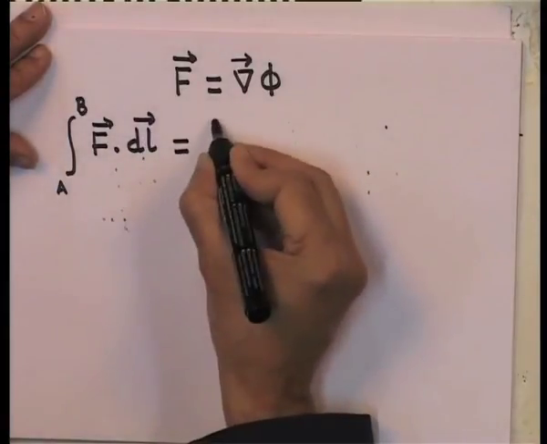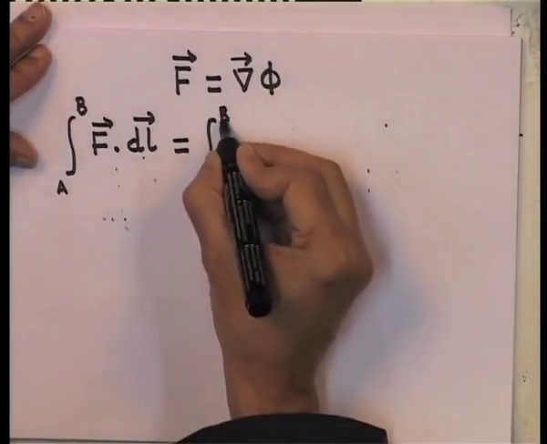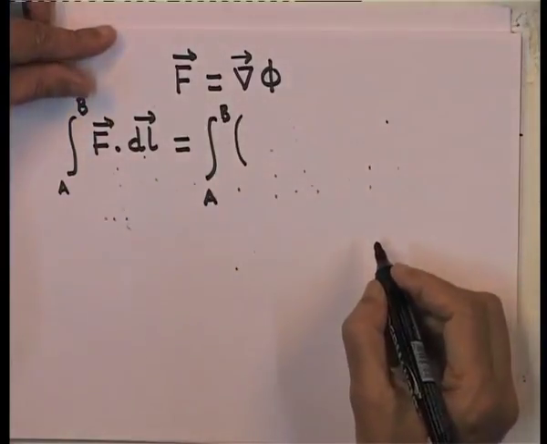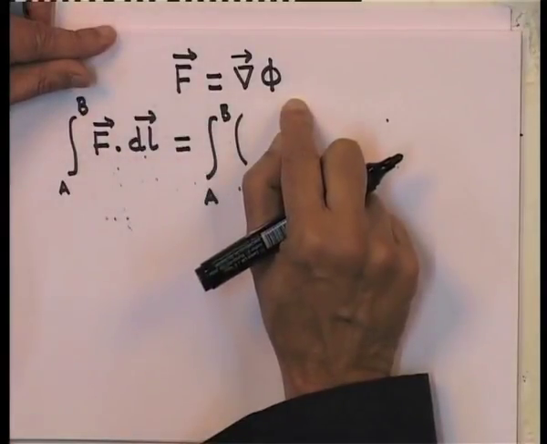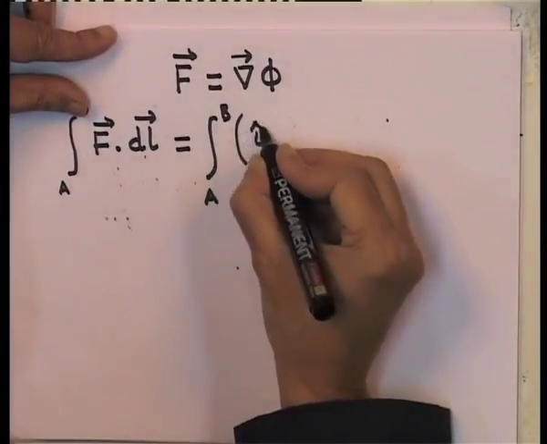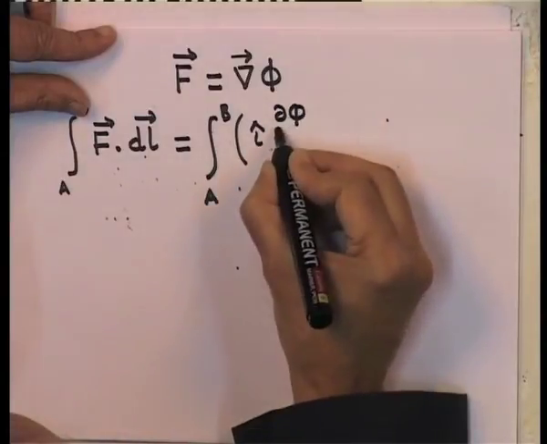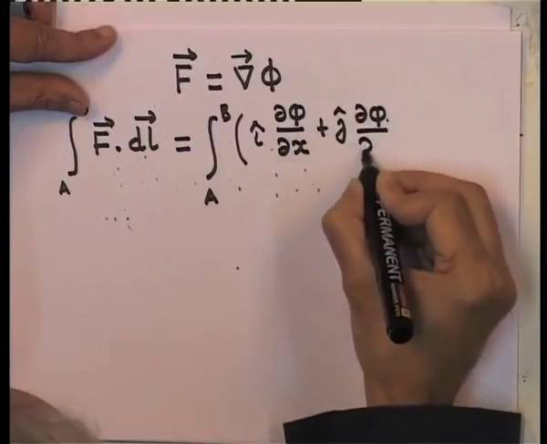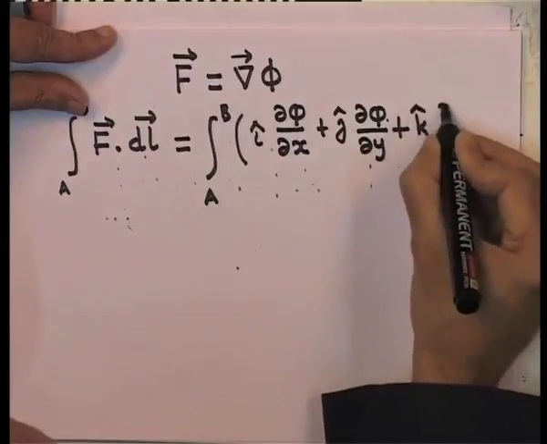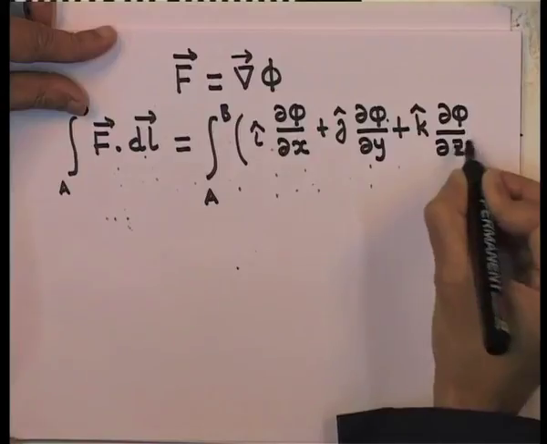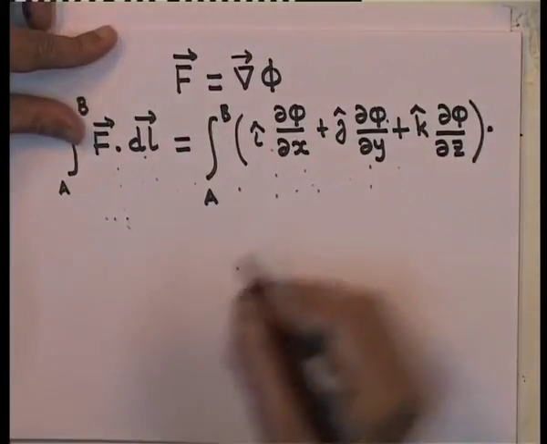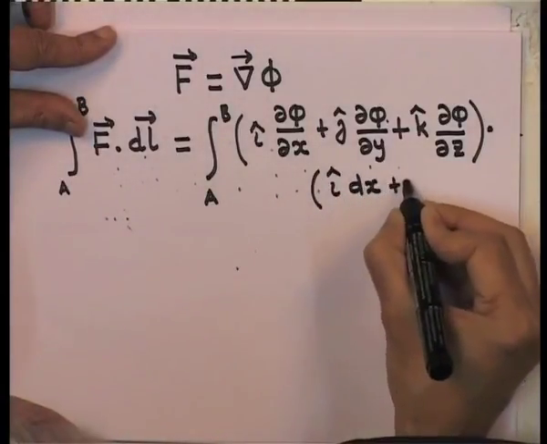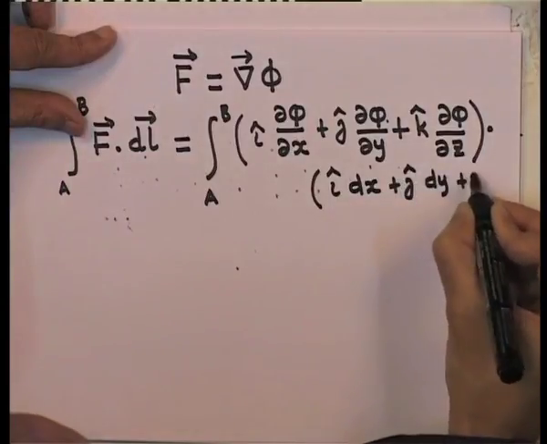Now, since f is a gradient, you remember the expression for the gradient of a scalar function in Cartesian, and we had seen that this is equal to i partial phi with respect to x plus j partial phi with respect to y plus k partial phi with respect to z, dotted with dl, which is obviously i dx plus j dy plus k dz.